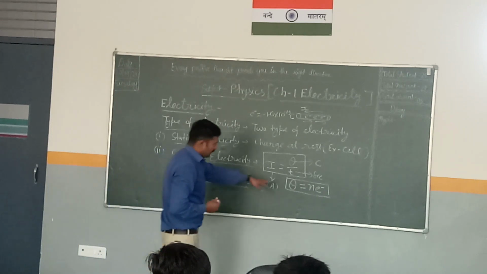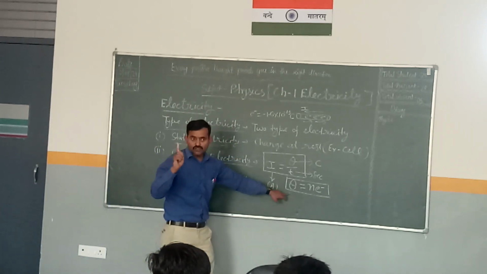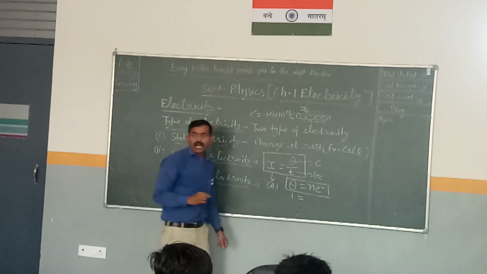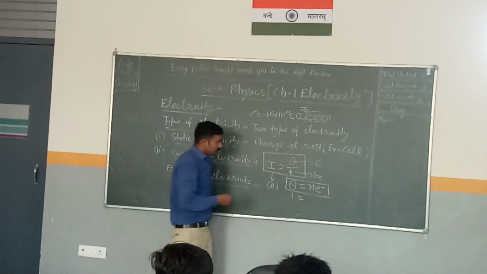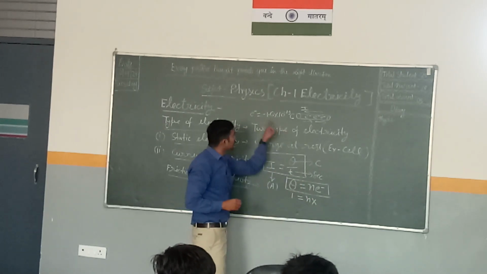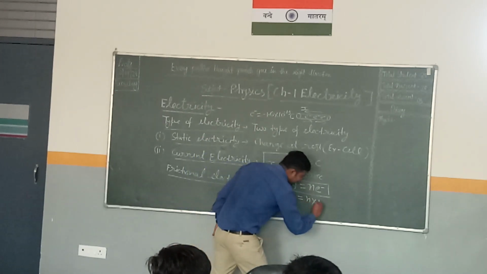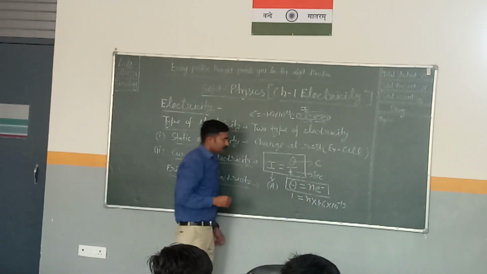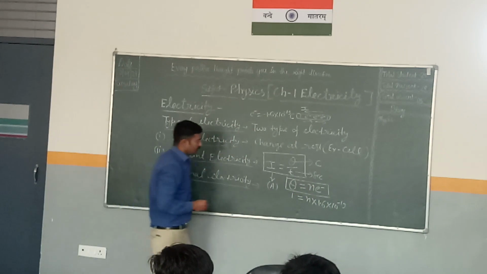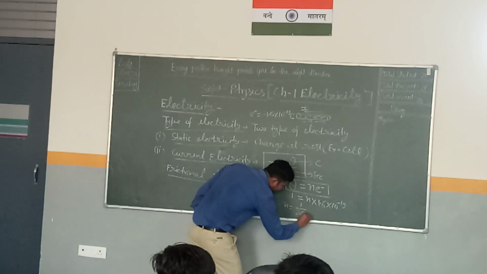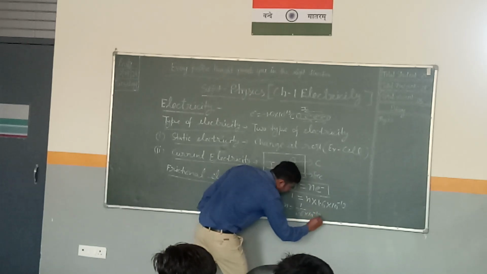Use the formula. I have been given the charge, 1 coulomb. Put it here. Now I want to find N, the number of electrons. Put the value of E, 1.6 into 10 to the power minus 19 coulomb. Solving this problem, N is equal to 1 upon 1.6 into 10 to the power minus 19.